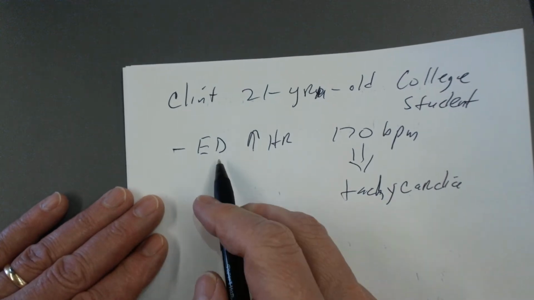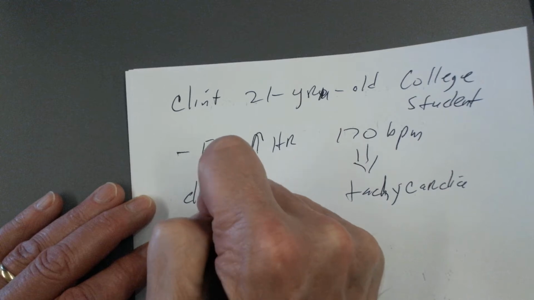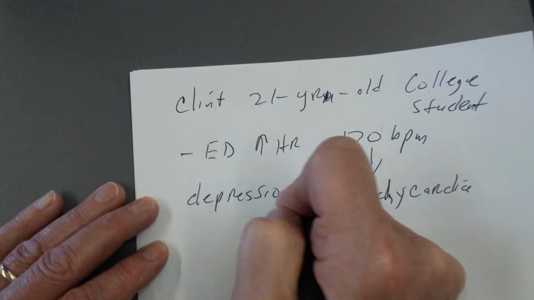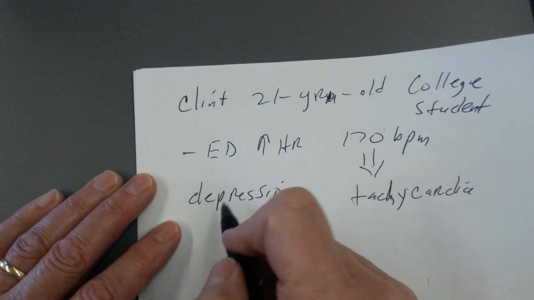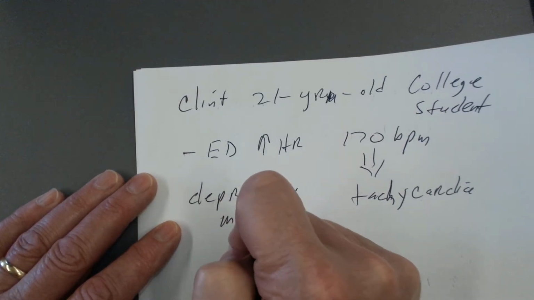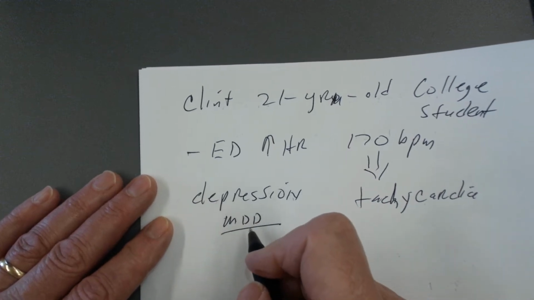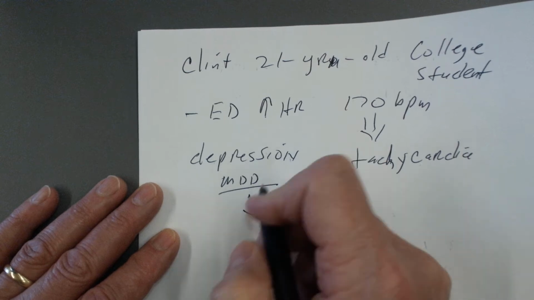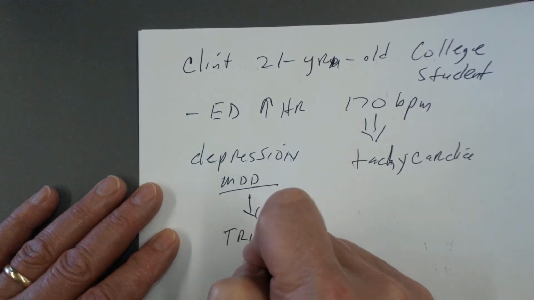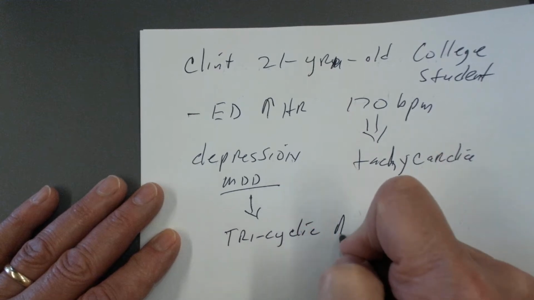Now, Clint has a history of depression. So he has so-called major depressive disorder. His depressive disorder is such that it needs to be treated with medication, and he's being treated with a tricyclic antidepressant.